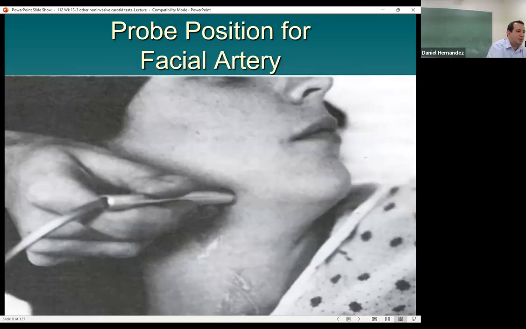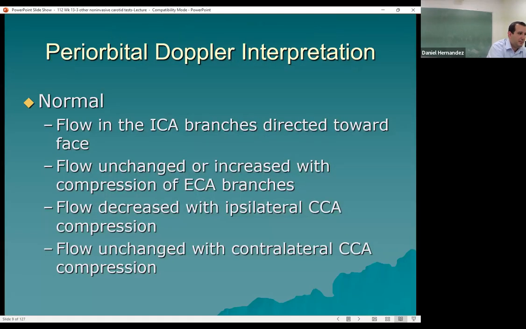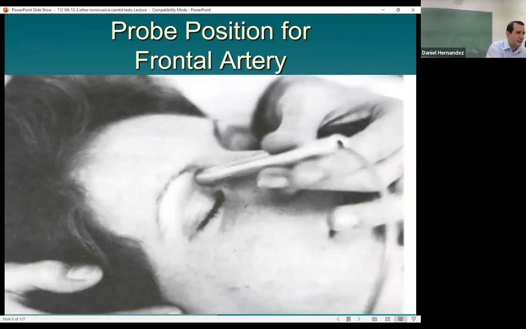We image the temporal artery, and we're also going to image the facial artery. Basically, we're looking for changes in flow direction to see if there's internalization of the ECA, if we're getting collateral flow through those ECA branches. We're looking for change of flow direction within the frontal artery, which would indicate change of flow direction within the ophthalmic.